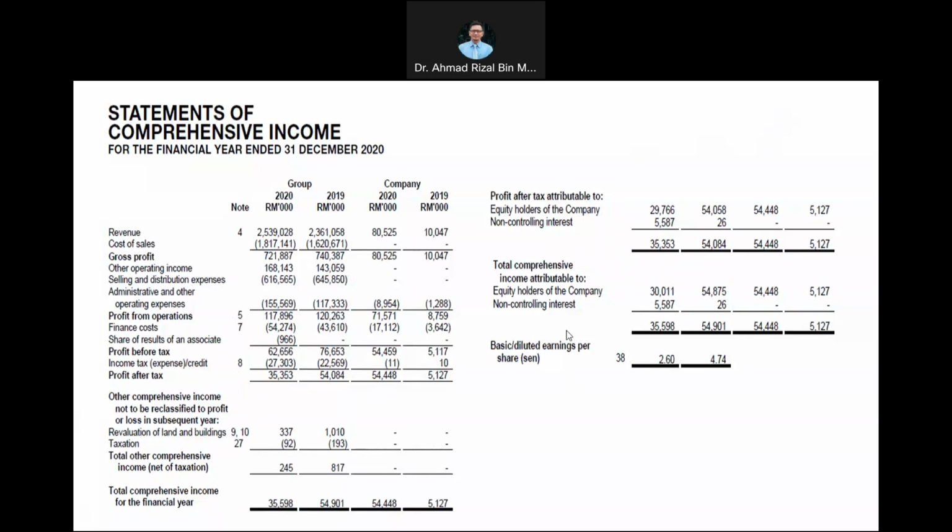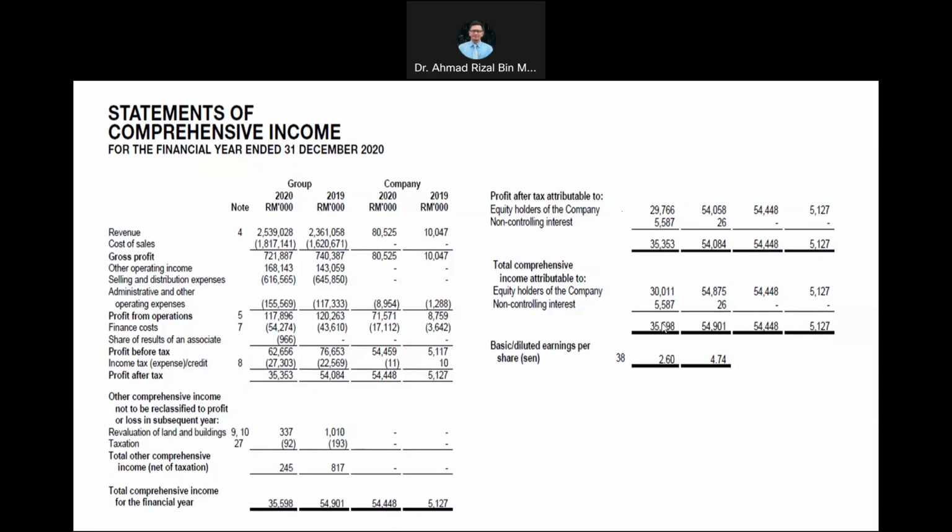But in this case for 7-Eleven, the net income recorded here and the income after you deduct the minority interest of the company is not far off, does not differ that much. 35.59 versus 35.353. Certain companies, the difference can be quite significant. But in this case, it's okay. You just use the net income at this stage.